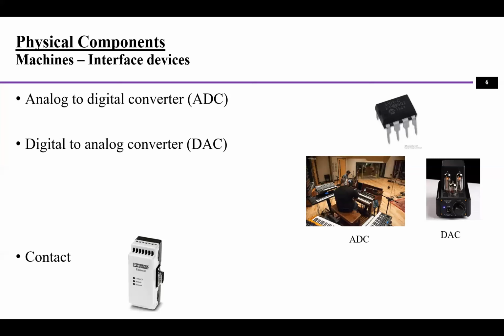Then we can edit all these sounds in the computer. After we edit them, we use this digital to analog converter and convert it back to electrical signals. This is the sound that we hear, right? So this is how the ADC and DAC work.